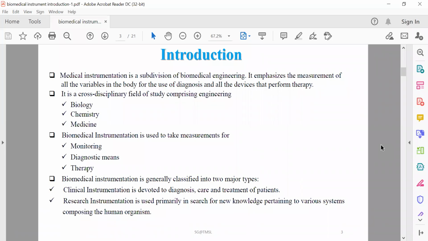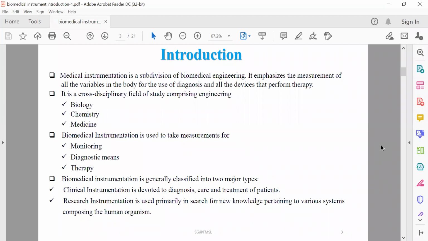So here, it is actually a cross-disciplinary field of study which is based on biology, chemistry, and medicine. The prefix bio means something connected with life in biomedical engineering.